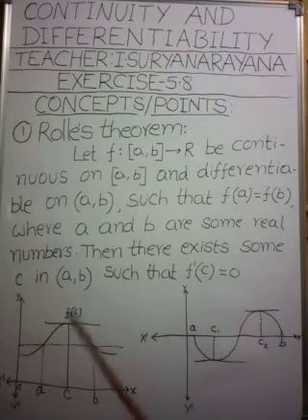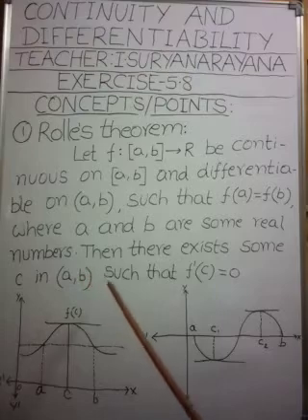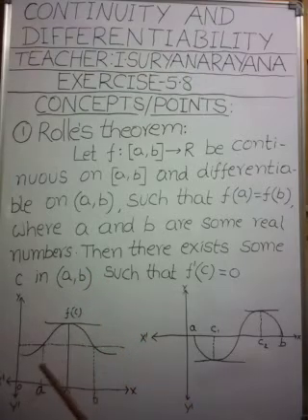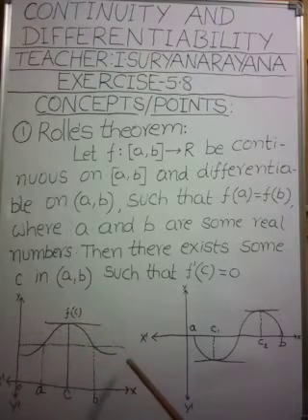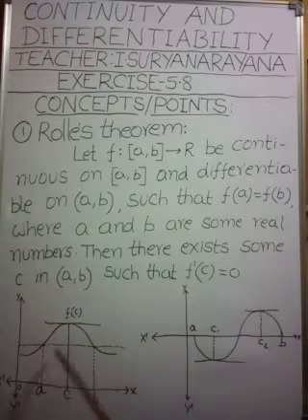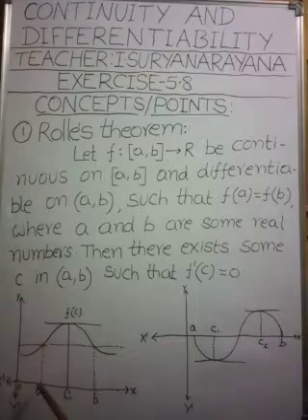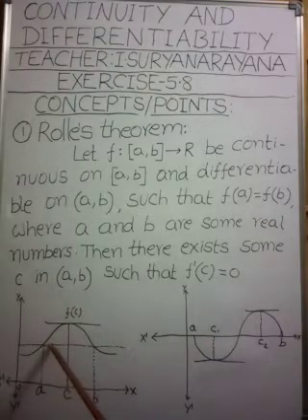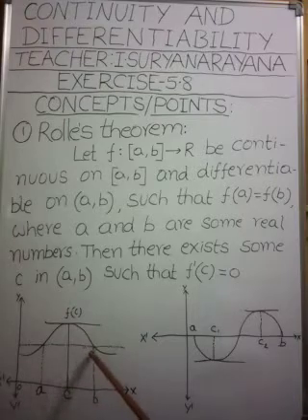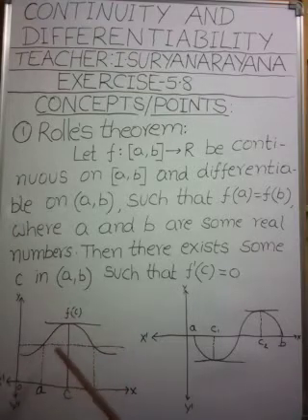See here we are representing this Rolle's theorem geometrically. This is the graph of the given function f(x). If you observe here, at a and at b, the f(x) values are equal. f(a) and f(b) are equal. Understood this graph my dear children?